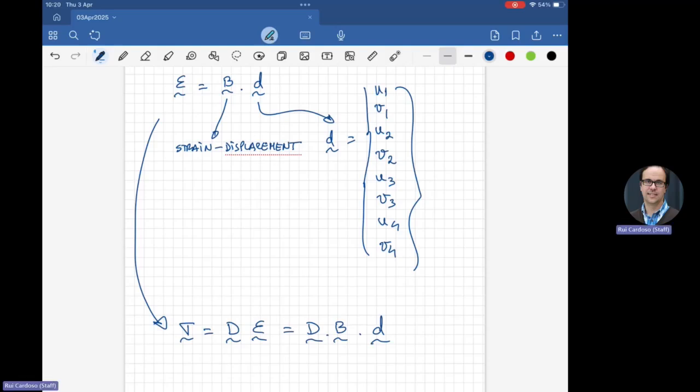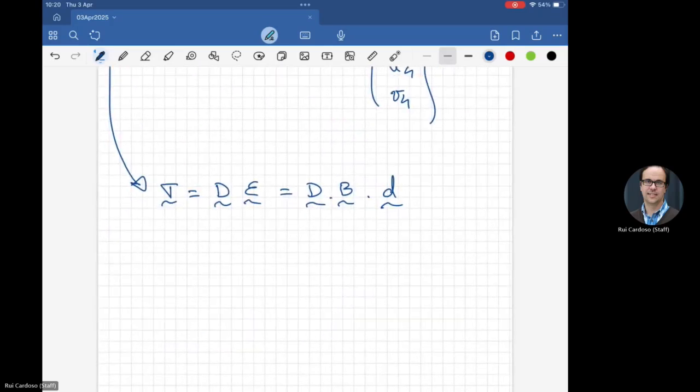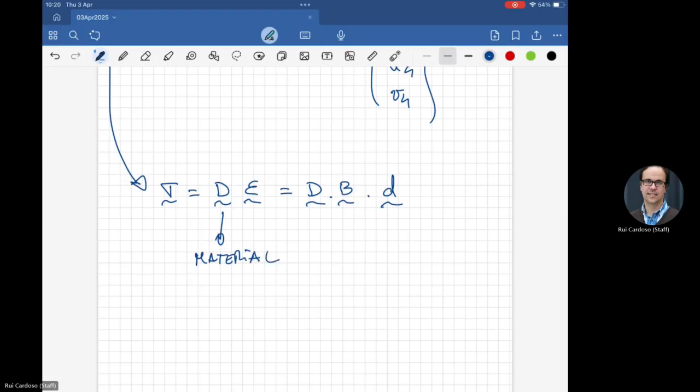Because again, we need the strain displacement matrix to get our stresses. Hooke's law relates the strains with stresses, right?